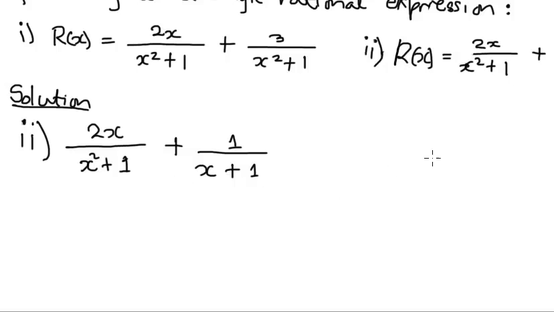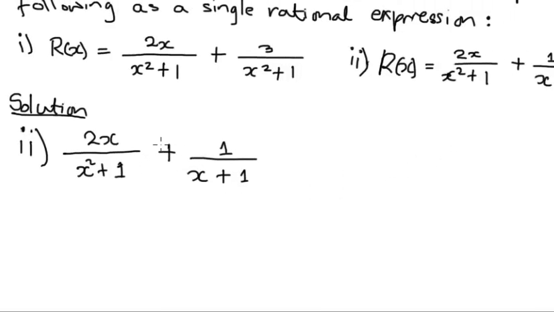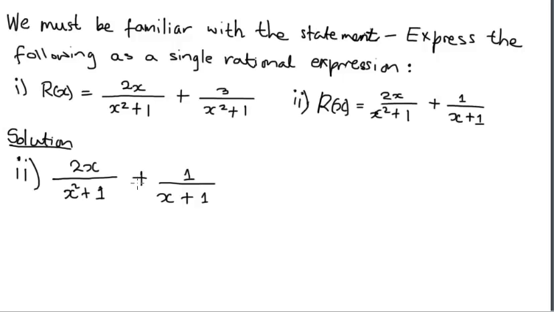Now this situation resembles unlike terms. It's just as good as having c over b plus a over d. This kind of situation, we cannot simply add up to get a single expression as we did in the first example.